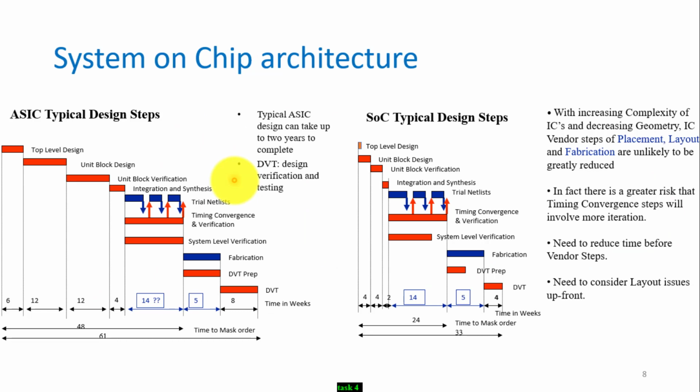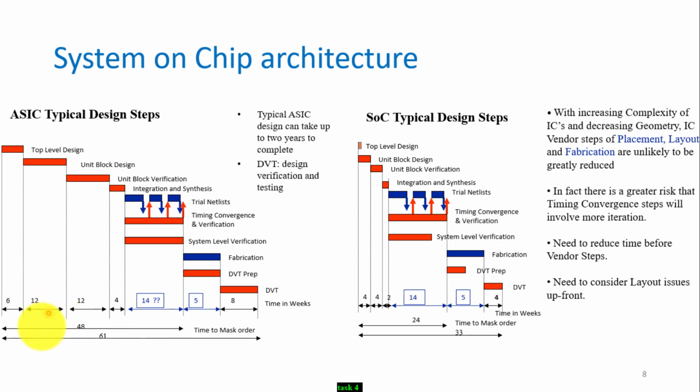Now system on chip versus application specific IC: the difference is in how many weeks it takes to get the product out. If you follow the mobile industry, Apple has 2 versions every year, and Samsung has 2 versions every year, so you need to get your system out very fast.